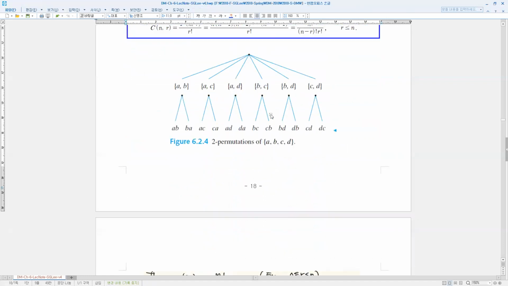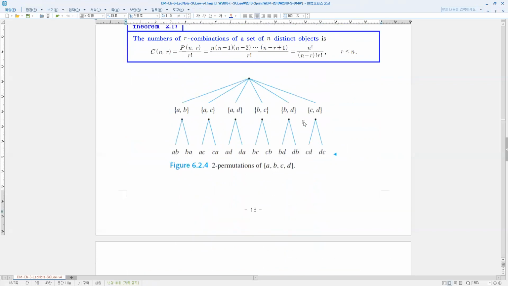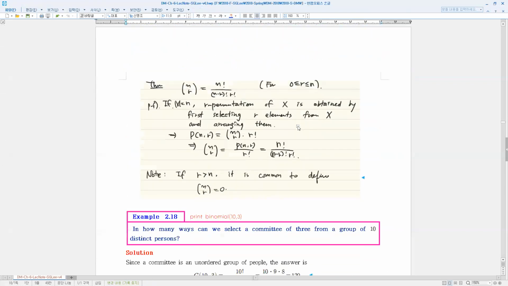So, r-permutations of A, B, C, D can be seen in these examples. This is also another way of proving n choose r equals n factorial over (n minus r) factorial times r factorial. If the cardinality of X is equal to n, then an r-permutation of X is obtained by first selecting r elements from X and arranging them.